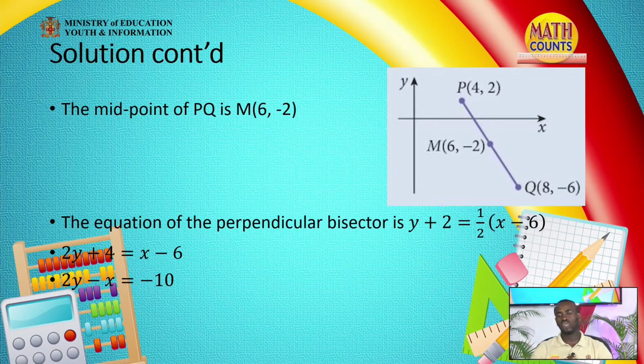And here we have left the equation in the general form, which is 2y minus x is equal to negative 10. Now let us look at more questions which will further cement the concepts of coordinate geometry.